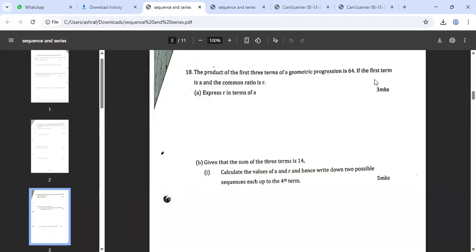Try expressing R in terms of A. If you have your answer, you can share with us. Express R in terms of A, that is, make R the subject.